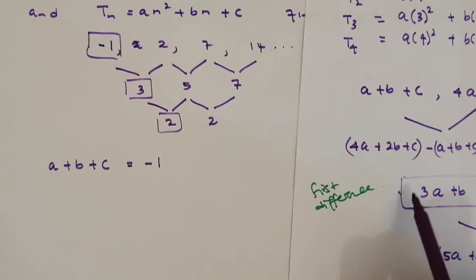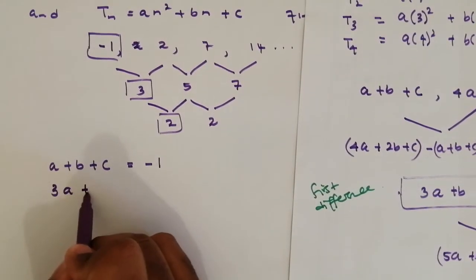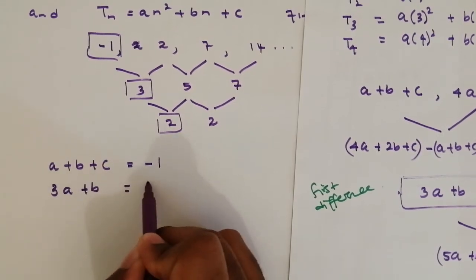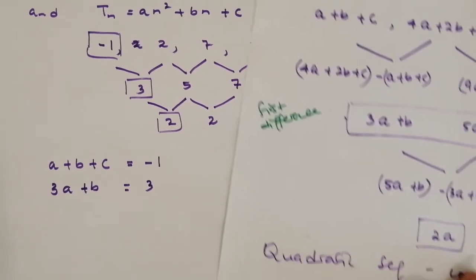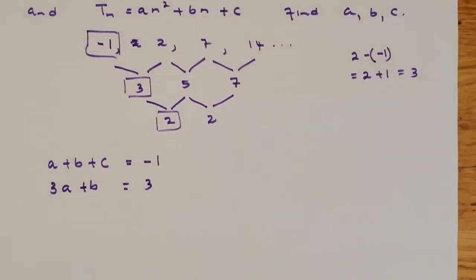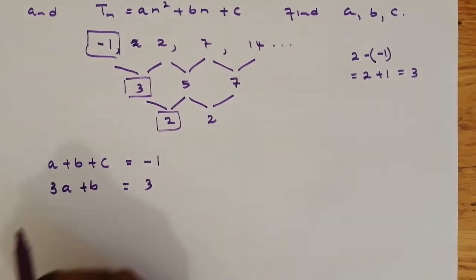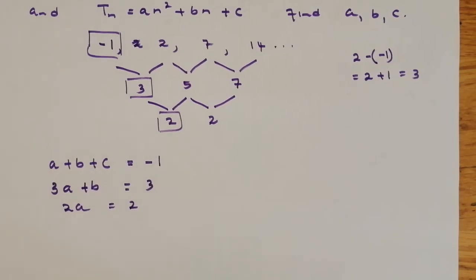Then 3A plus B corresponds to 3 right here. Then the last one, 2A, will correspond to 2 in this one. So 2A equals 2.